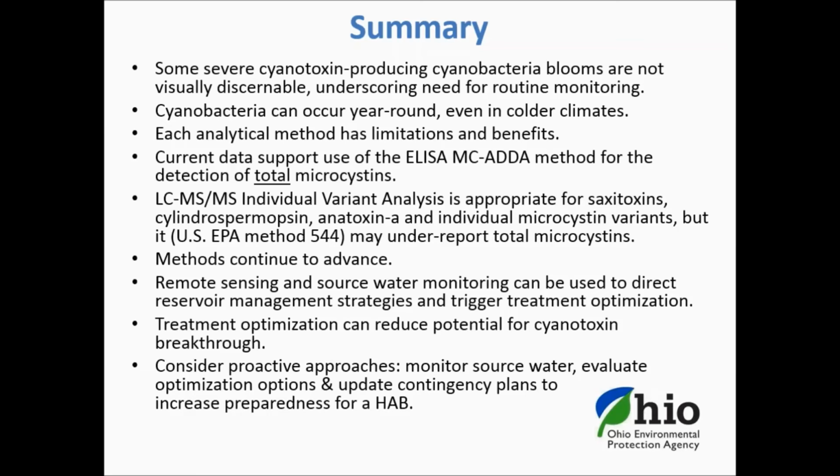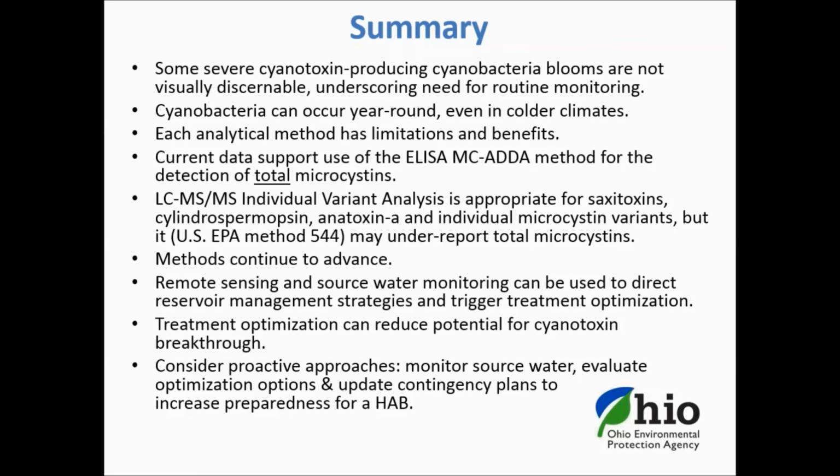Methods continue to advance, and Ohio EPA will be part of research and development and consider new methods as they become available. Remote sensing and source water monitoring can be used to direct reservoir management strategies and trigger treatment optimization. Treatment optimization can reduce the potential for cyanotoxin breakthrough, especially optimized conventional plants.